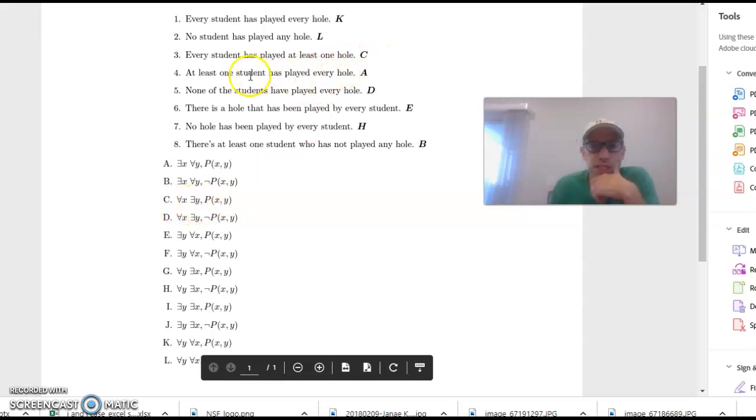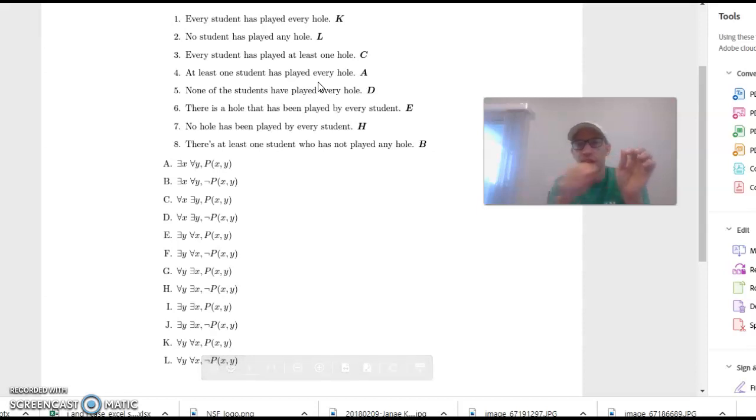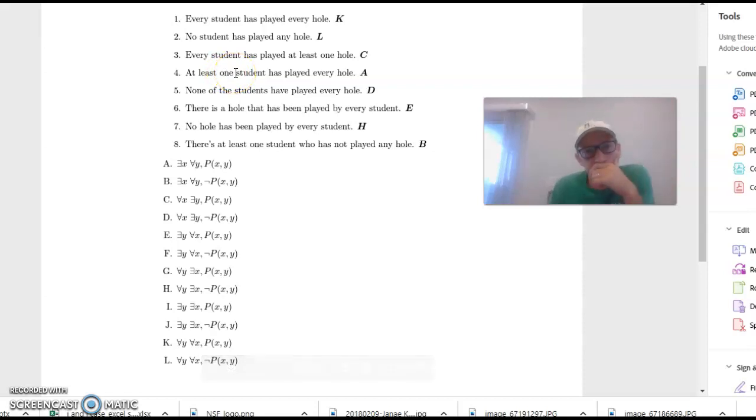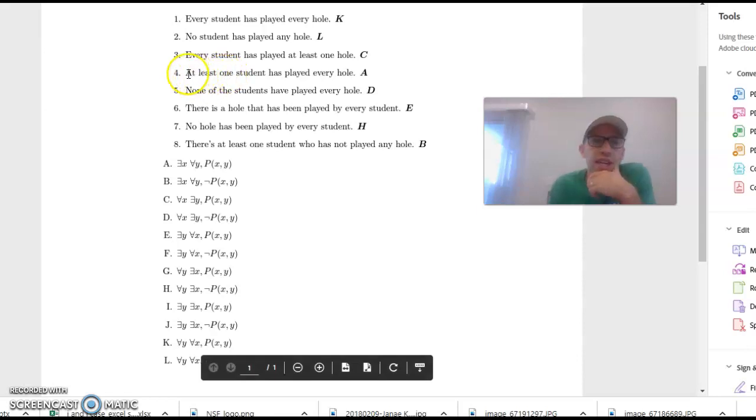Let's see. At least one student has played every hole. So in this case, we're actually going to flip the English because we don't have... there exist, well, I guess we could do it. Let's see. At least one student has played every hole.